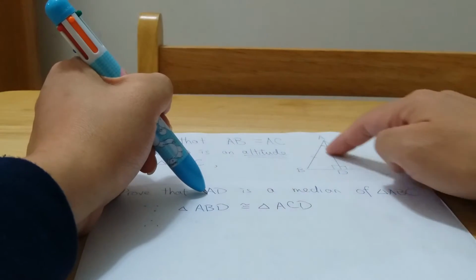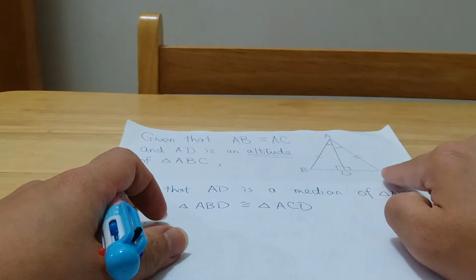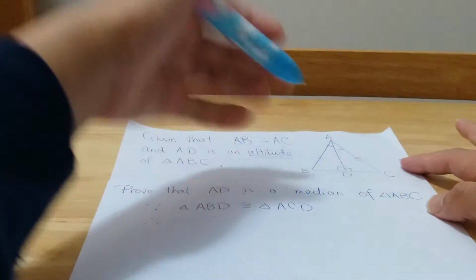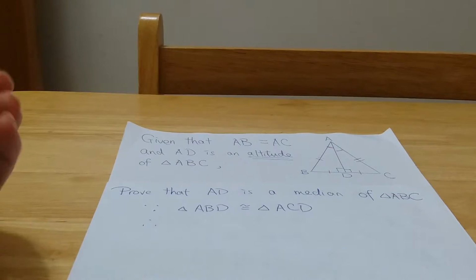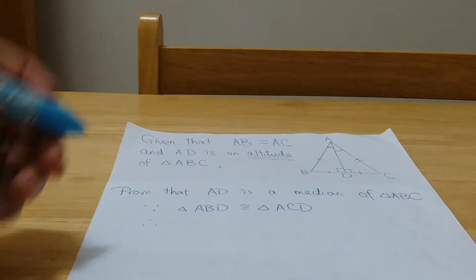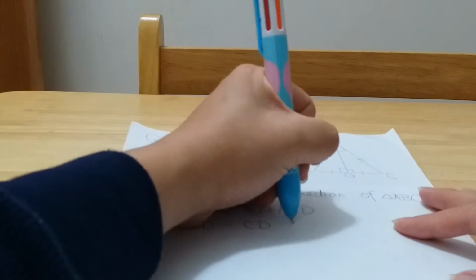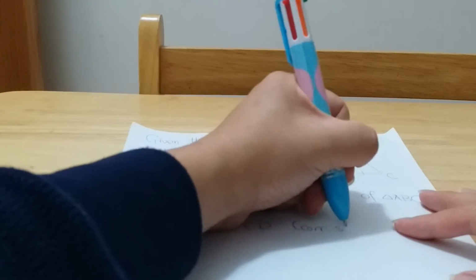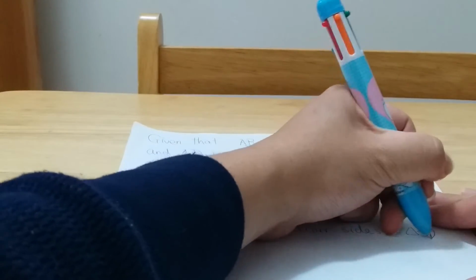For AD is a median, that means we will bisect BD and also bisect the DC. That means we are going to find something that they are equal. So, do we know that BD is equal to DC? The answer is yes, because they're congruent, so that means these two sides are equal. BD equals CD. The reason is corresponding sides, congruent triangles.